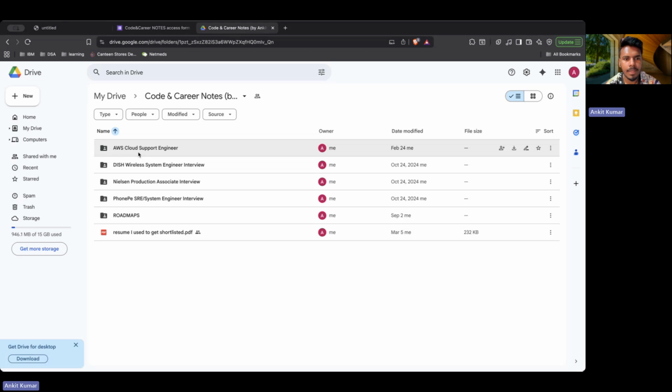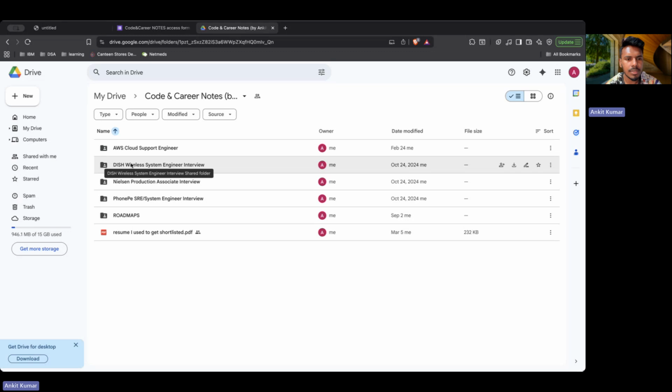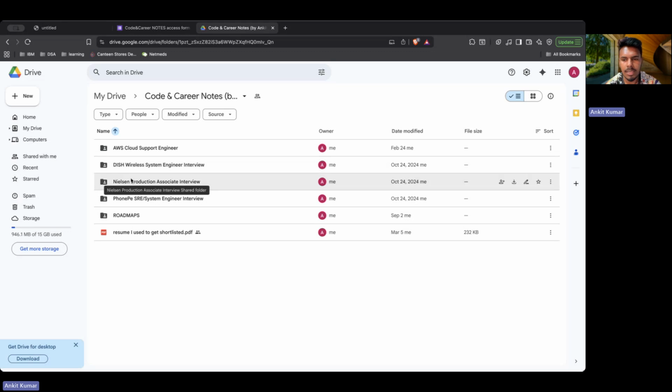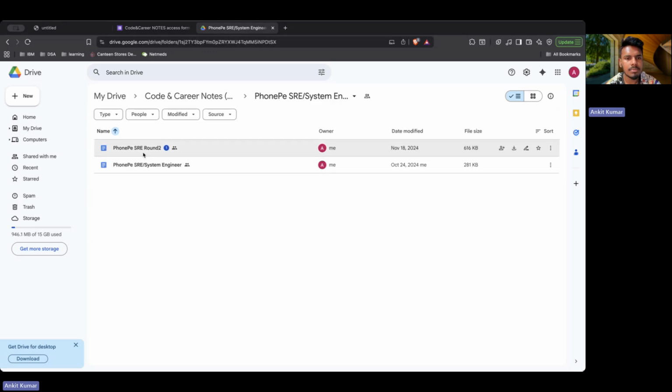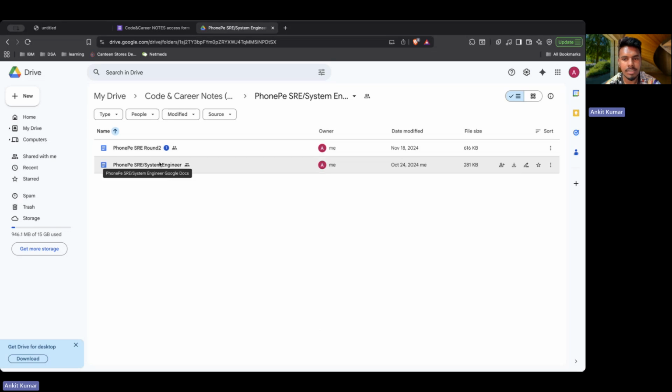In Dish, I think I went through 2 to 3 rounds. Nielsen also, all rounds I had done, but after that I didn't get any response. PhonePe I had given I think 2 rounds. The second round was very hard. I couldn't do it because it was for SRE level and it was a little complicated. So I have the questions of both the rounds which were asked to me.